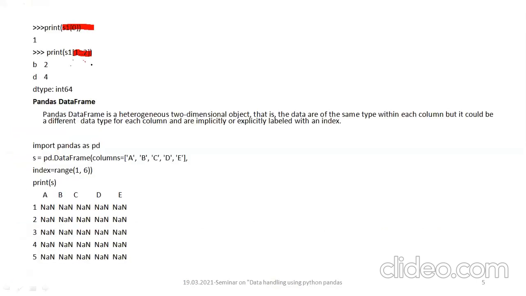So next I am doing a slicing operation. Slicing means I can extract some part of the records from the series. For a slicing operation we need 3 inputs. The first one is start, the second one is the end value, and the third one is the step size. Here I have given 1 colon, I have omitted the end value, and lastly I have specified the step size as 2.